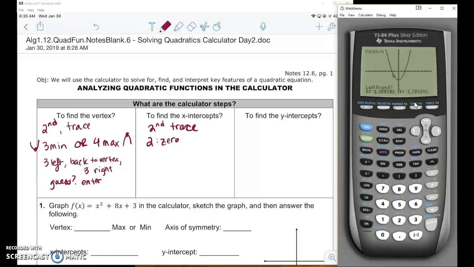I will begin on the x-intercept I want to find, or as close to it as I can get. For left bound, I go 3 left, 1, 2, 3, enter. Go back to the root, or x-intercept, 1, 2, 3, back to it, and then 3 to the right, enter.